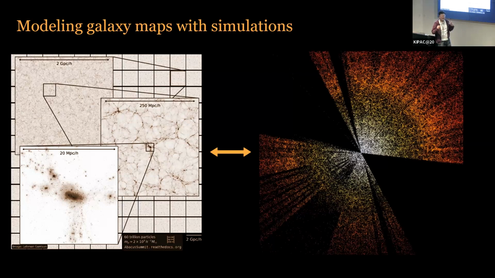Another aspect of my work is thinking about how to effectively summarize the information from the observed distribution of galaxies. Tom and I are big fans of kth nearest neighbor statistics, which we found to be very informative, a lot more constraining than two-point correlation functions, yet still lightweight and easy to handle.